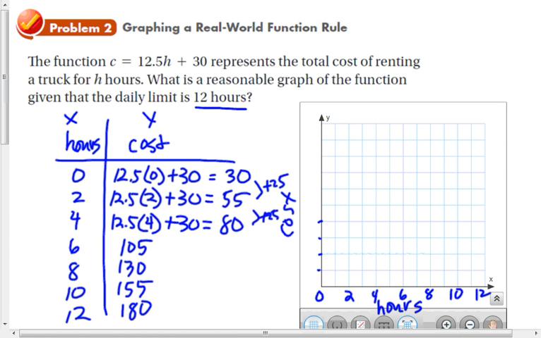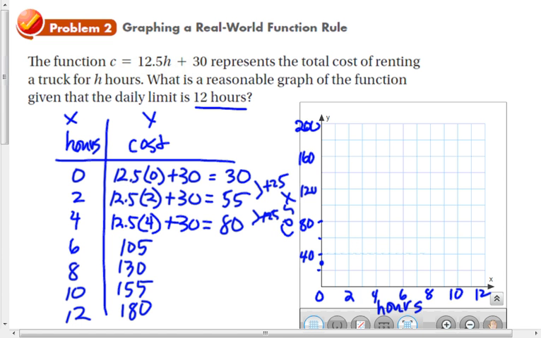If I went by 10s, I'd only get up to 100. So I'm going to go by 20s. So 20, 40, 60, 80, 100, 120, 140, 160, 180, 200. That seems like I should be able to get all the values. 0, 30 would be right here.